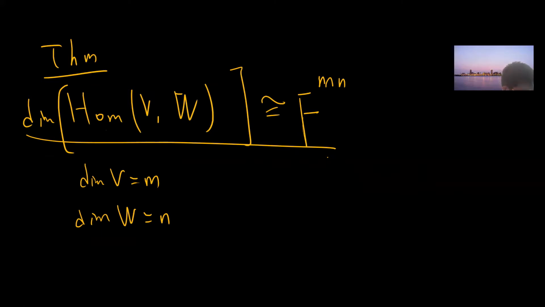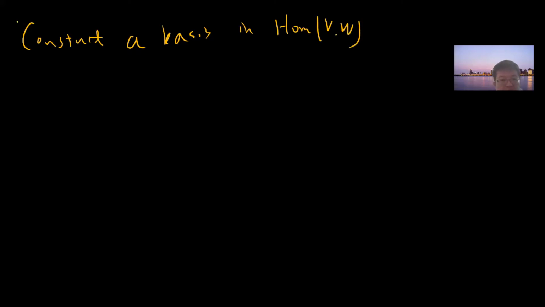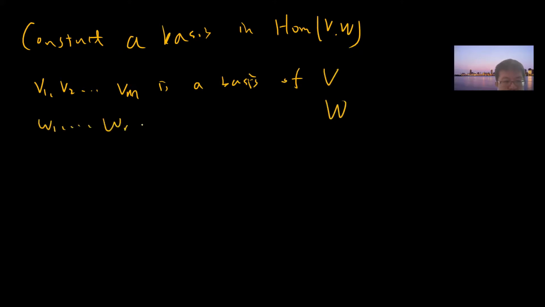In order to do this, we need to construct a basis in Hom(V, W). Let's say v1, v2, up to vm is a basis of V, and w1 up to wn is a basis of W. You see, any linear transformation from V to W is determined by what?